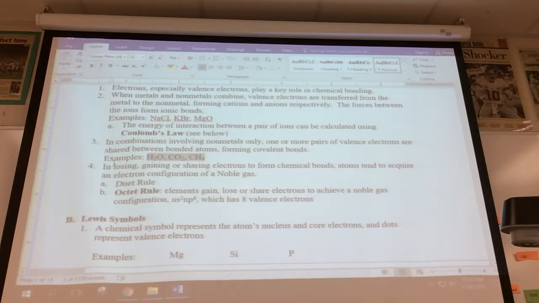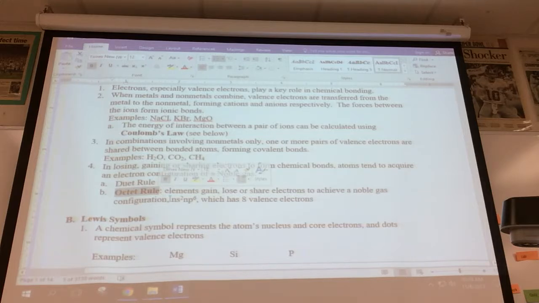And remember, the reason why compounds form, the reason why ions form, they will lose, gain, or share, in the case of a covalent compound, to have an octet of electrons in their outermost shell. They want to be isoelectronic with a noble gas.